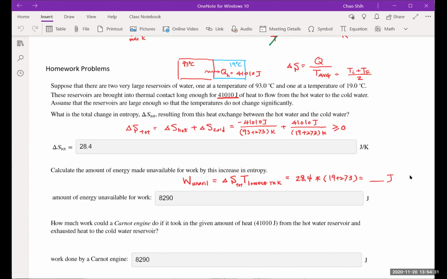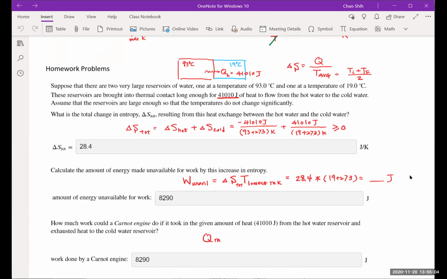What about the next one? The next one asks how much work an engine could do, taking a given amount of heat from the hot water to the cold, and exhausting the heat to the cold reservoir. So the exhaust goes to the reservoir. How do you calculate this? Think about the one that we just discussed.